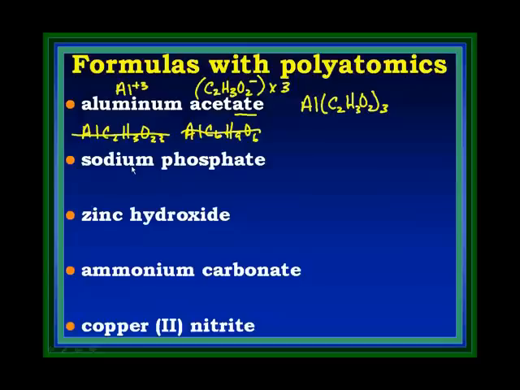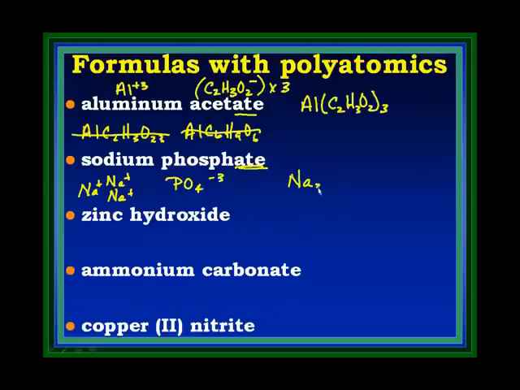Okay, we do our next one here, sodium phosphate. Okay, you find sodium. Sodium is Na+. The phosphate, the ate ending, says I have a polyatomic ion. I find phosphate. It's PO4 with a -3. So I am going to need 3 of those sodiums to give me a +3 to cancel out.